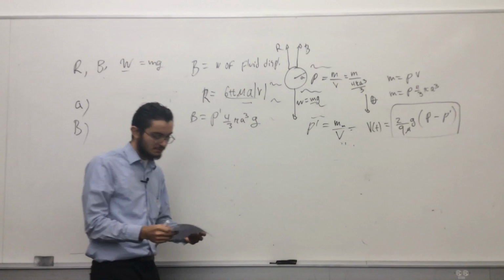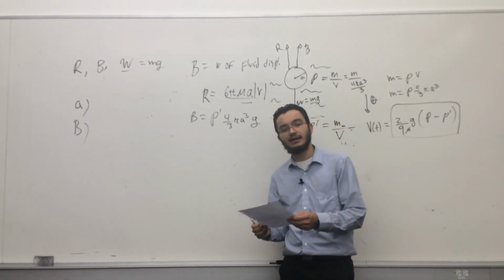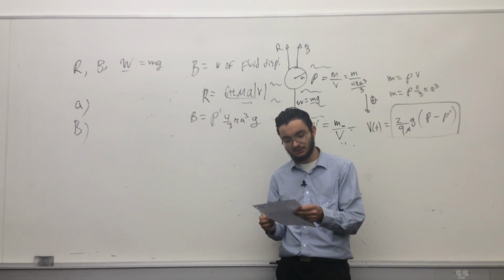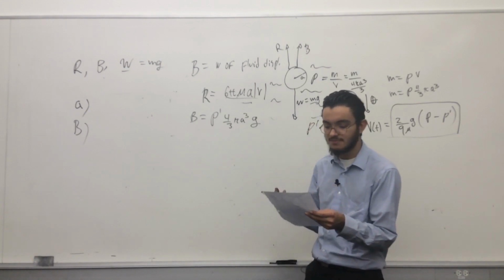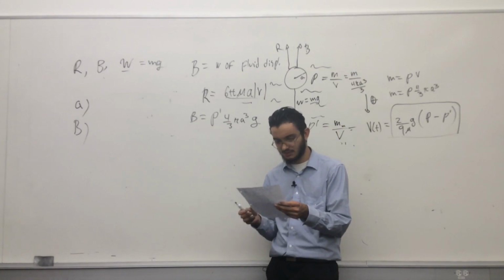All right, so for part B of this problem, it states that in 1910, Millikan studied the motion of tiny droplets of oil falling in an electric field. A field of strength E exerts a force E times the charge e on a droplet with charge e.